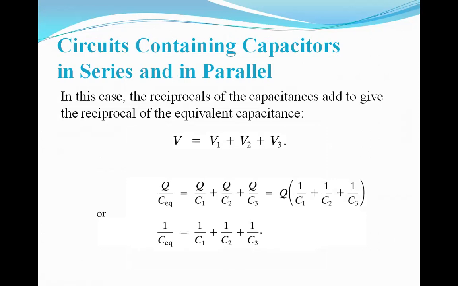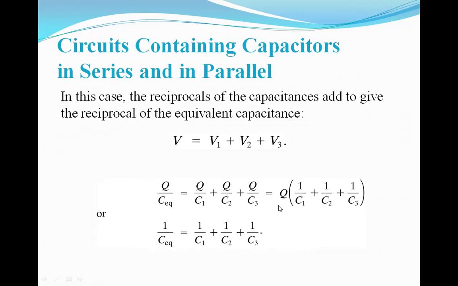And as Q is equal to CV, we can write V is equal to Q by the equivalent capacitor value. So Q by C1 plus Q by C2 plus Q by C3. If you take Q in common, it will come as 1 by C1 plus 1 by C2 plus 1 by C3.